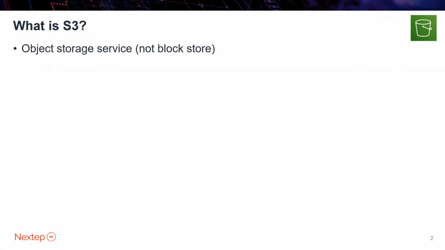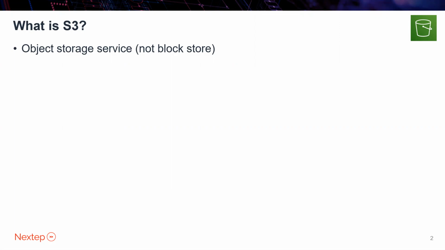So S3 is an object storage service. What it means is, when we talked about EC2, we talked about something called EBS, Elastic Block Store. So that's a block store. Block store is where you can install your operating system or you can install your database or something like that. But the object store is different.